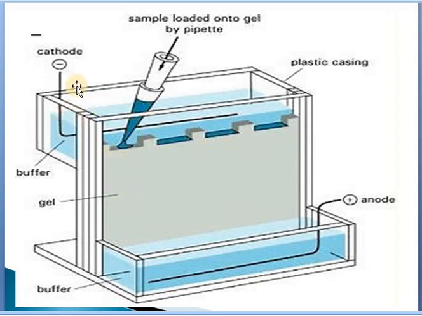The upper buffer reservoir is a cathode and the lower buffer reservoir is an anode. Since during denaturation all the proteins are converted into negatively charged ones, the protein separation will be unidirectional, towards the anode direction. So proteins will migrate from top to bottom during electrophoresis.